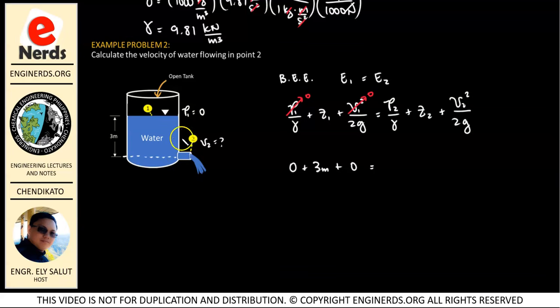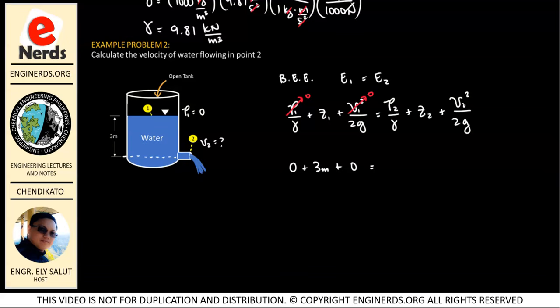So, of course, we have pressure in here. Lalo dito sa point na to ng pipe natin, we have a pressure here. However, ang pinag-uusapan natin is yung pressure dito sa point 2. So, at this point, na-release na natin yung pressure ng ating fluid. So, nakalaya sa pressure yung ating fluid, no? So, that is why our pressure at point 2 is equal to 0.